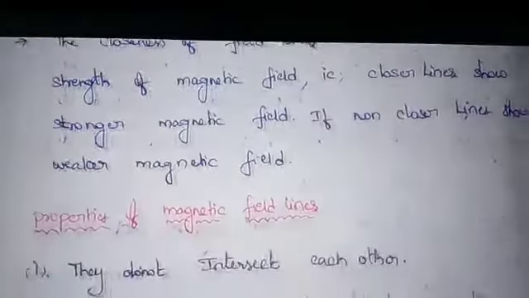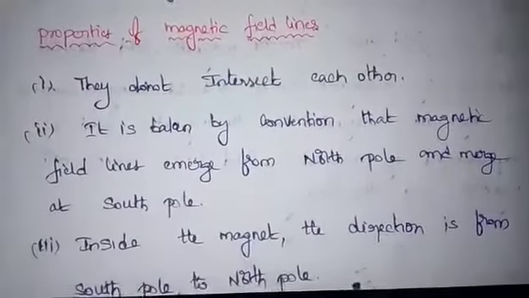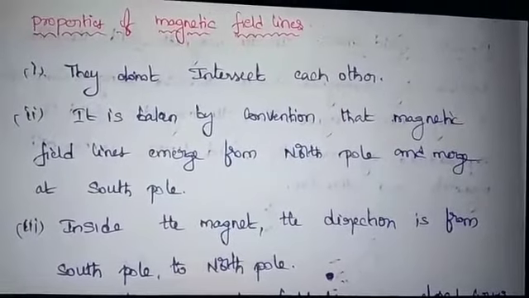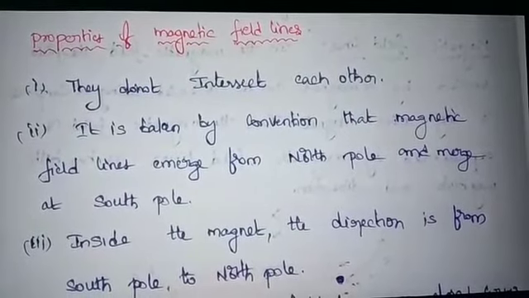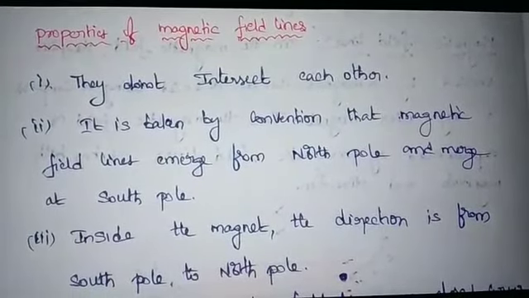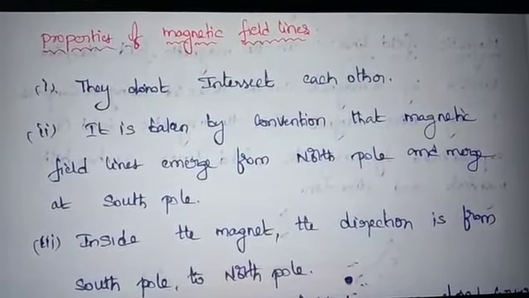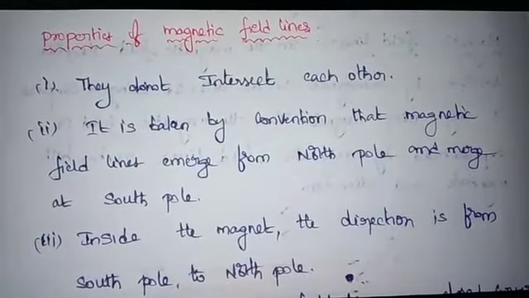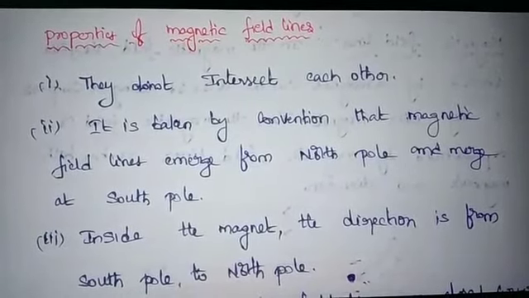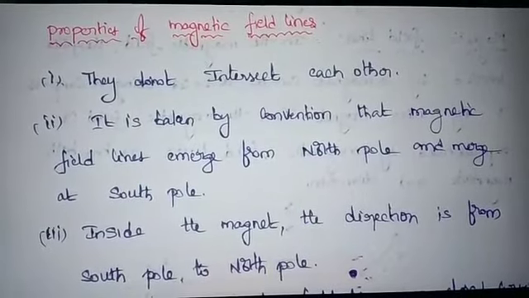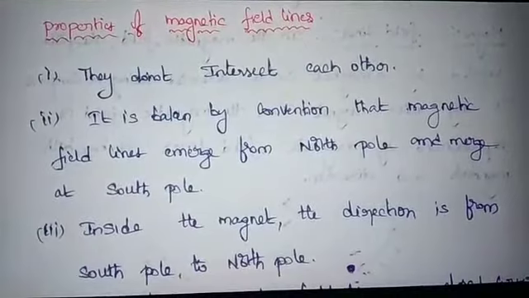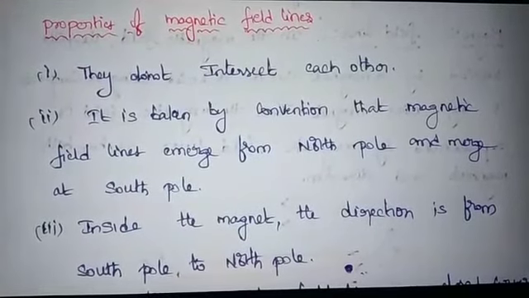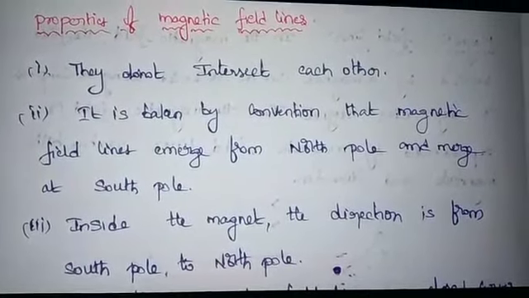Now the properties of magnetic field lines. They do not intersect each other. That means the magnetic lines do not intersect each other. Next, it is taken by convention that magnetic field lines emerge from the north pole and merge at the south pole. Emerge means coming out from the north pole and going to the south pole, where they merge.